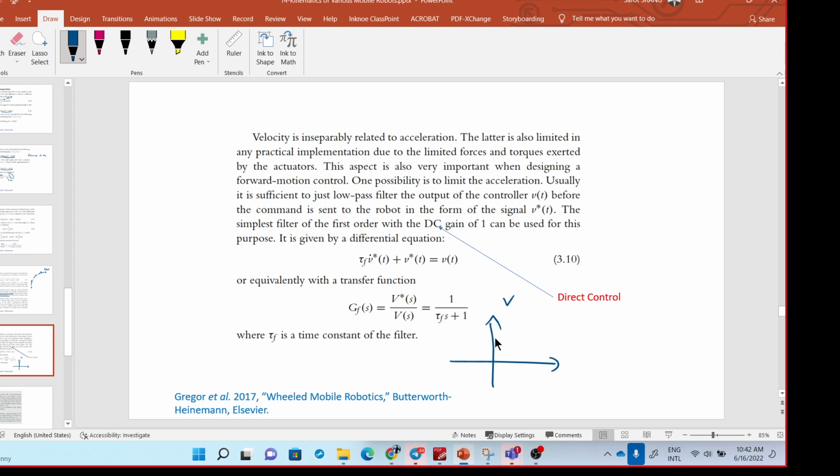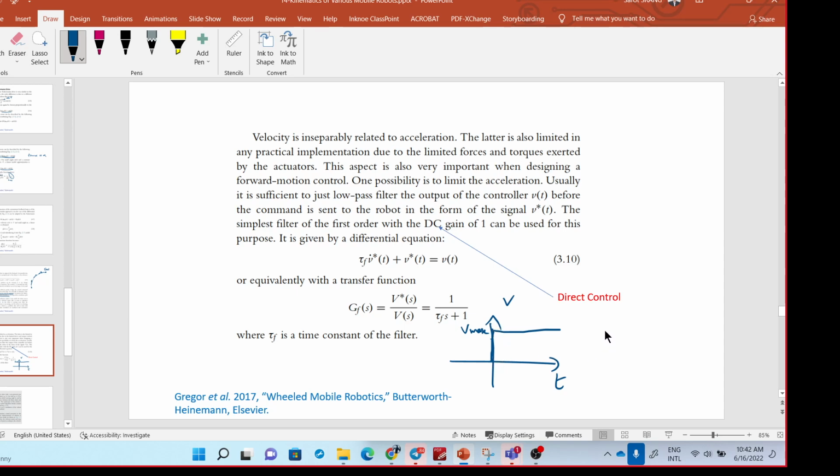So it looks like a step. When we start, we put it into the maximum velocity like this. But I don't think this is preferable, because for any robot, for the car as well, we can't make it reach the maximum speed at time zero.